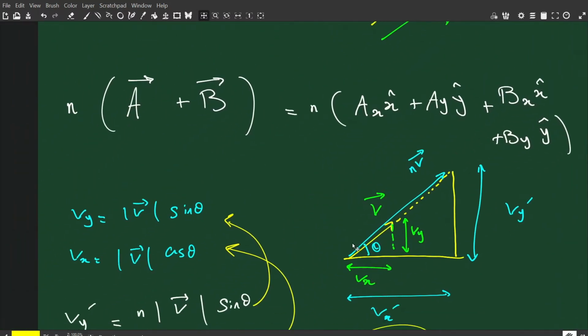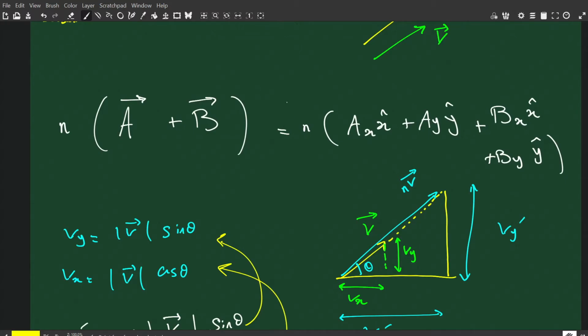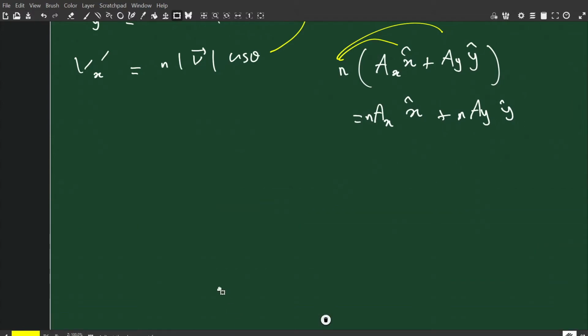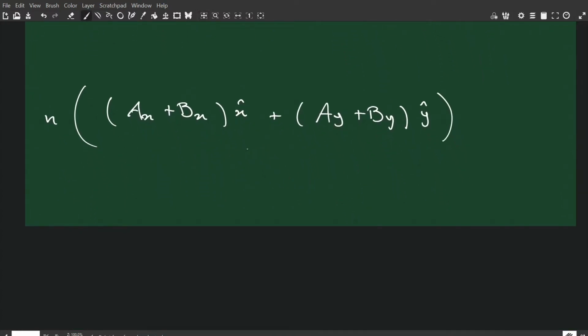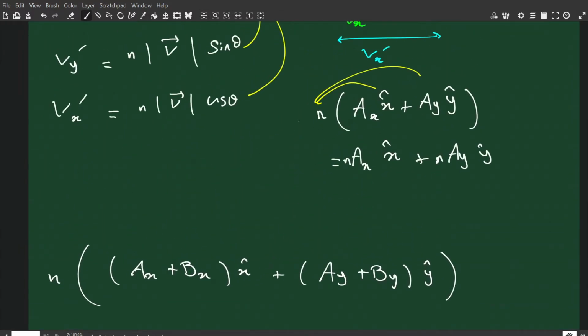So we were here. We were going to calculate this one. I mean, we had to calculate the scalar n times ax plus bx x hat plus ay plus by y hat. So it will be like this.